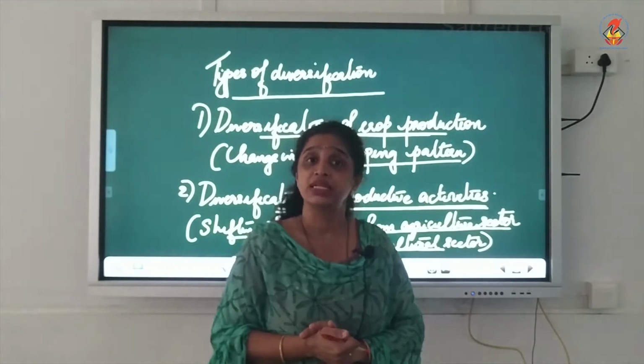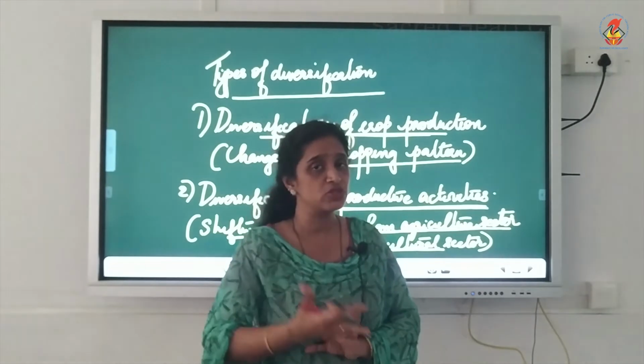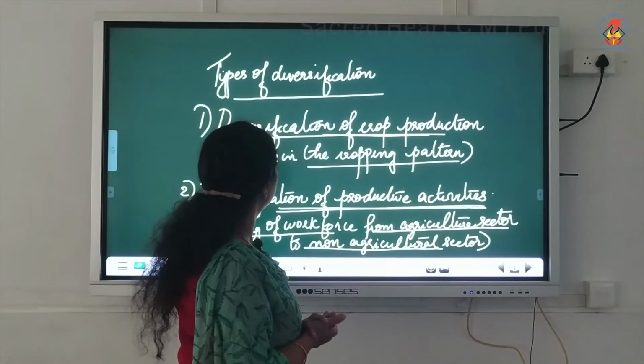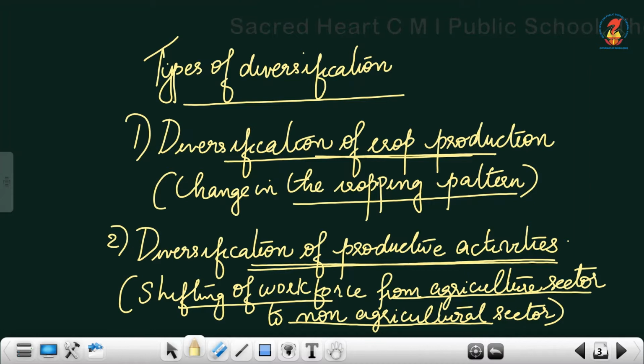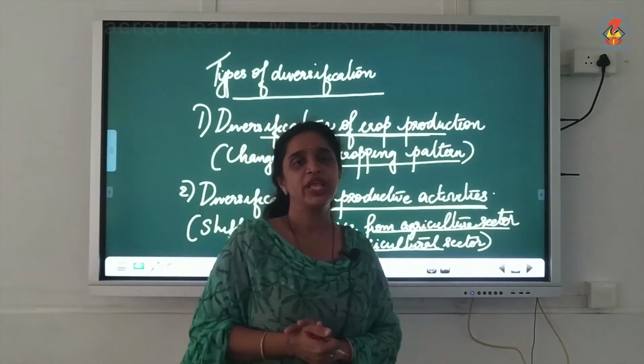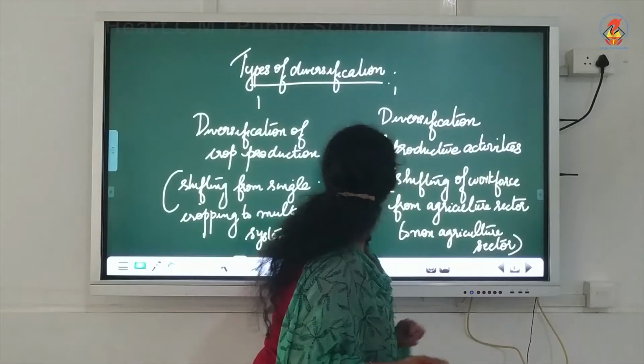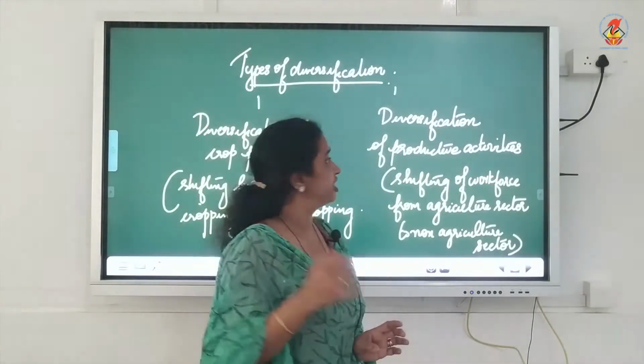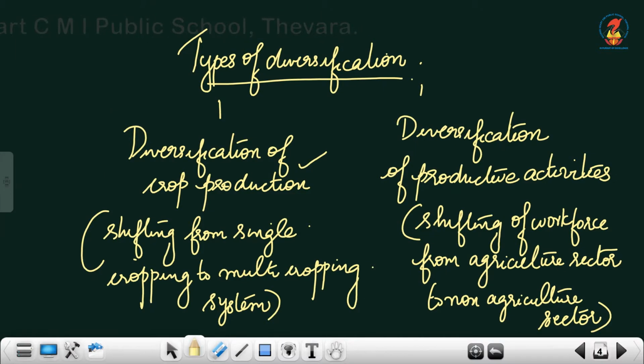This is known as diversification. So, there are two types of diversification: diversification of crop production and diversification of productive activities.